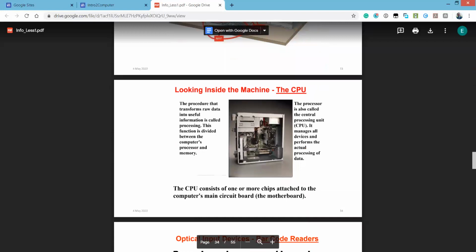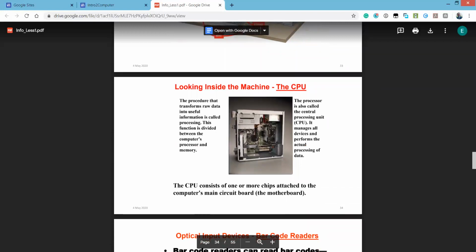So moving on, we are going to go a little bit in depth of the computer. Now, the procedure that transforms raw data into useful information is called processing. So processing basically talks about taking raw data and going through some sequence that will bring it out as information that makes sense. It's called processing. And this function is divided between the computer processor and the memory.